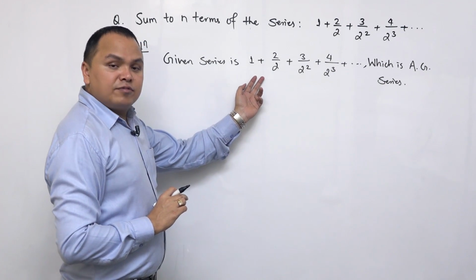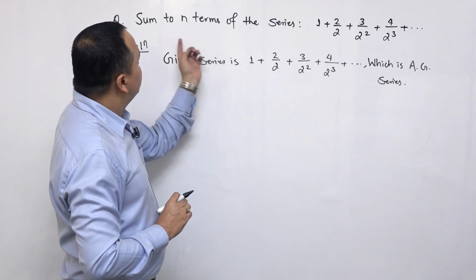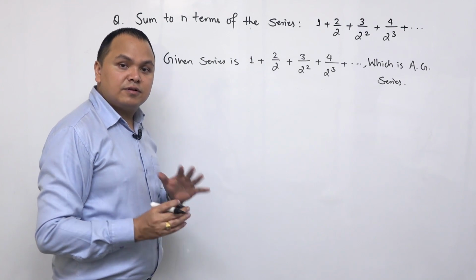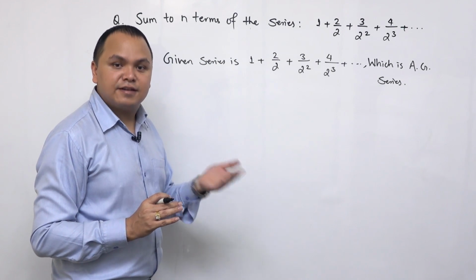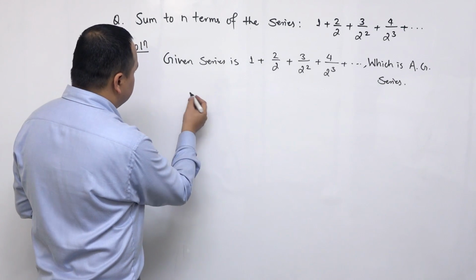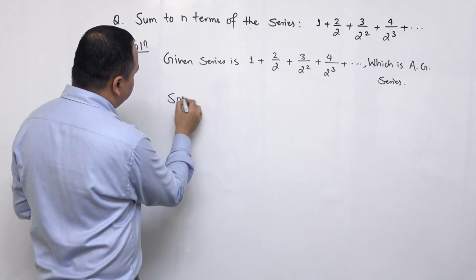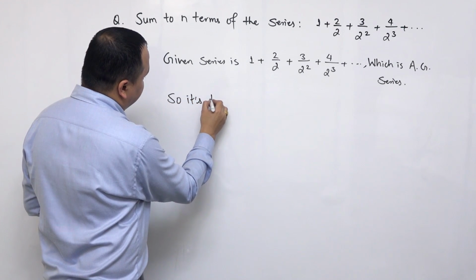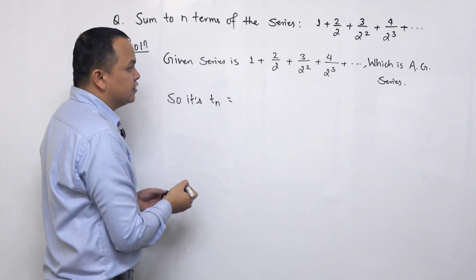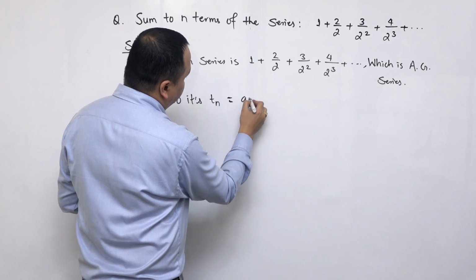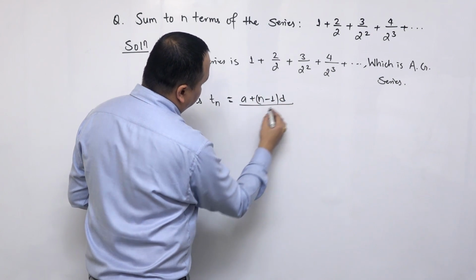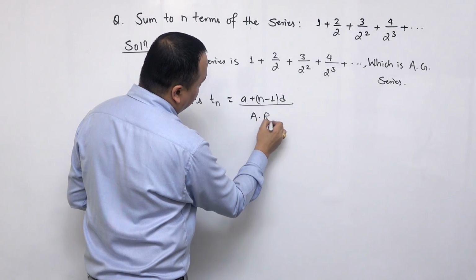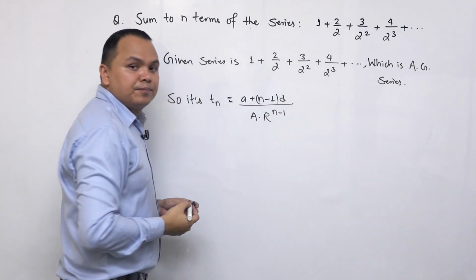For these types of questions, sum to n terms, first of all we find its Tn, that is, the general term. Its Tn, general term, is a plus n minus 1 times d upon a into r to the power n minus 1.